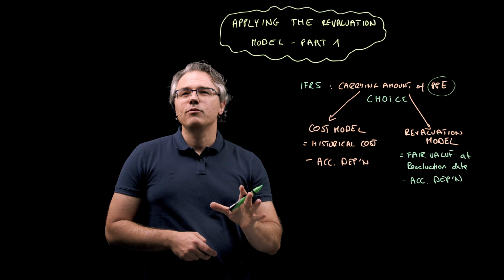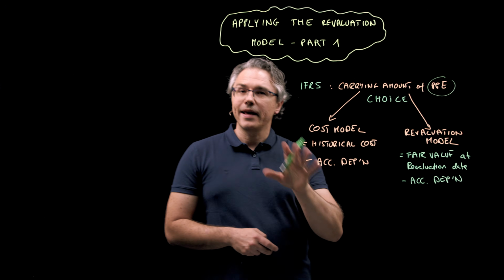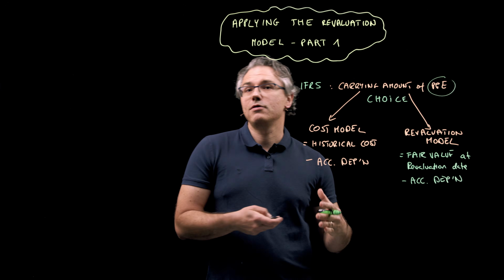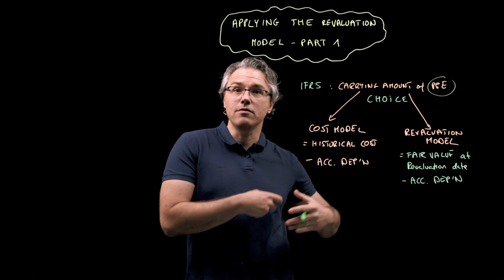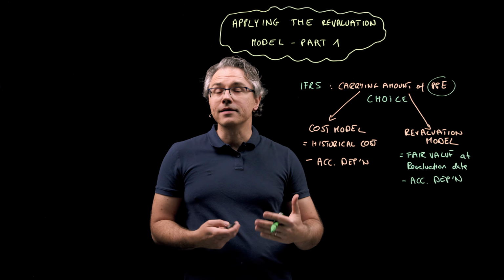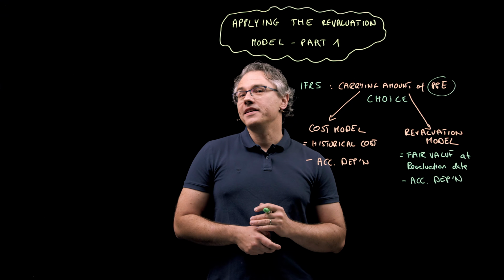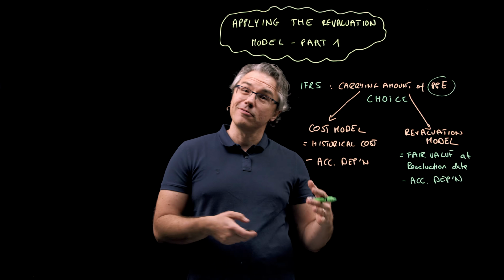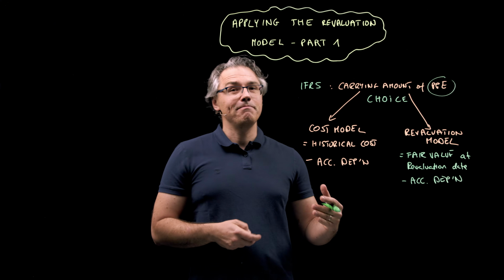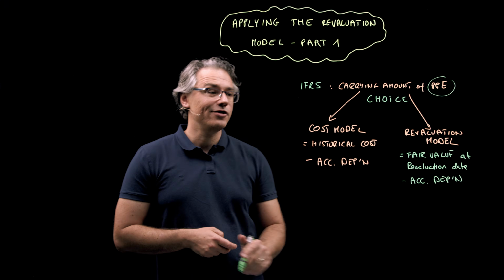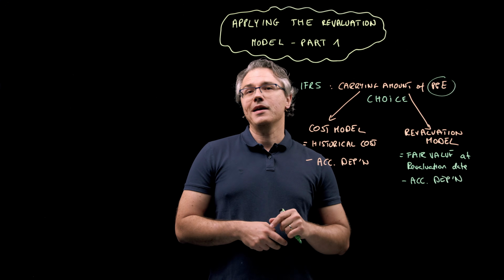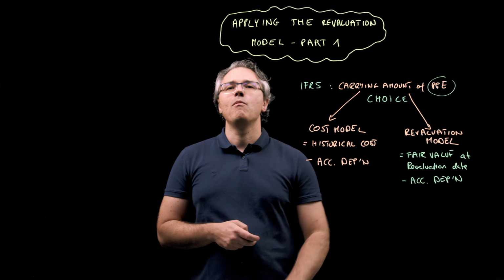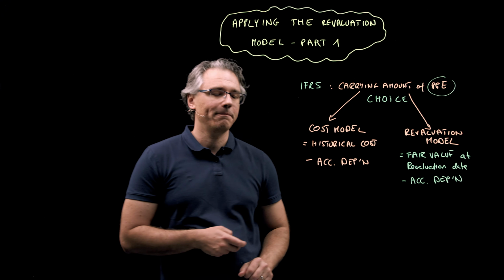The revaluation model may in fact be used selectively, for example, just in respect of some classes of assets within PPE, for example, just for land or land and buildings, whereas other PPE items such as fixtures and fittings, vehicles, tools and machinery and so on may be measured under the traditional cost model, naturally, if that's what the company wants to do. And one more thing to remember.